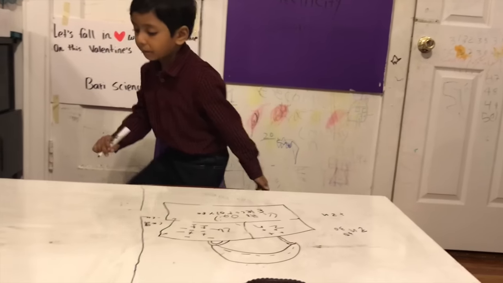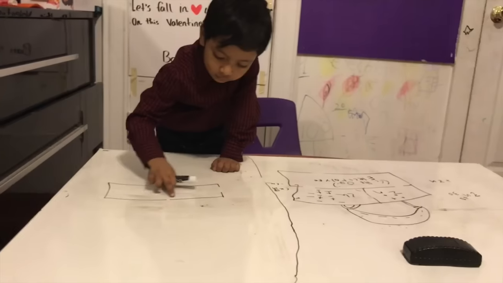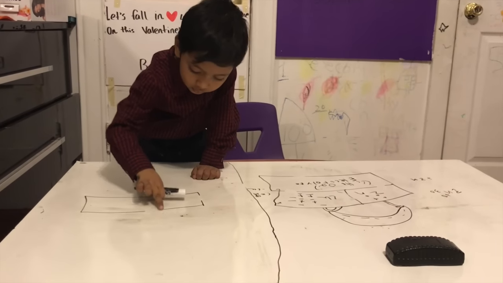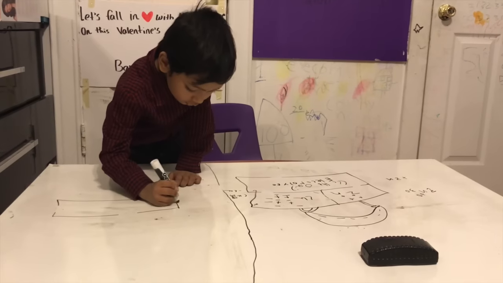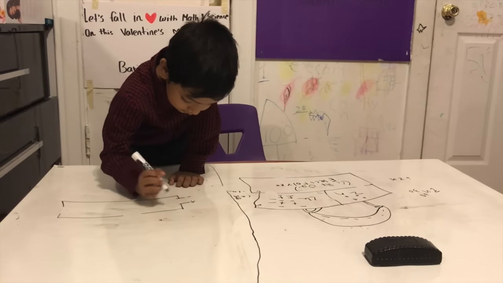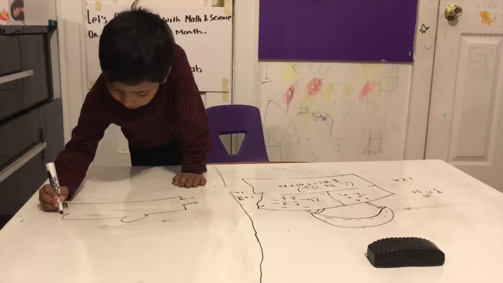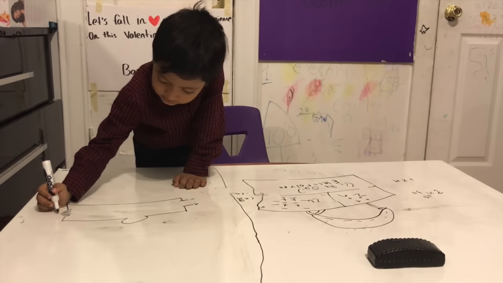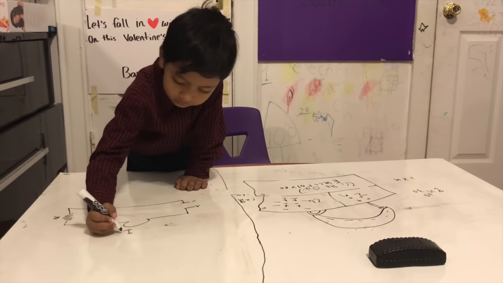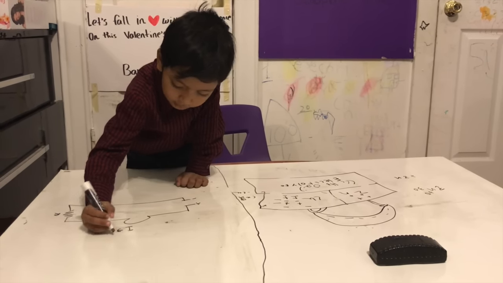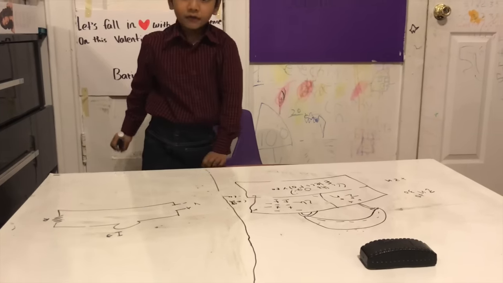Now we gotta do the battery. I need the circuit. So this is the resistor, as I say. This is the current or the bulb, which goes this way, and this is the voltage.